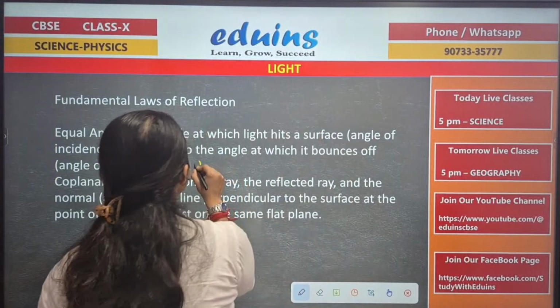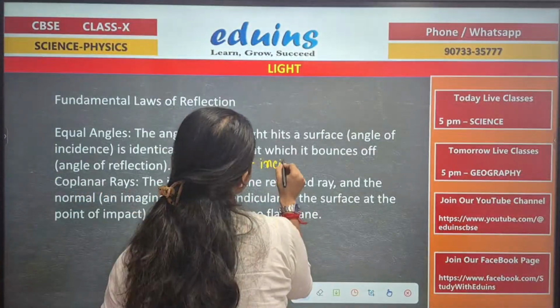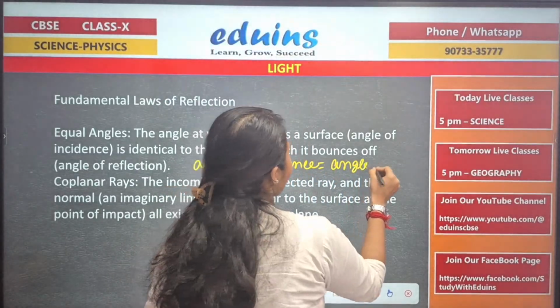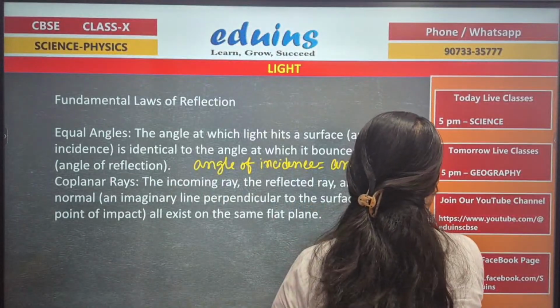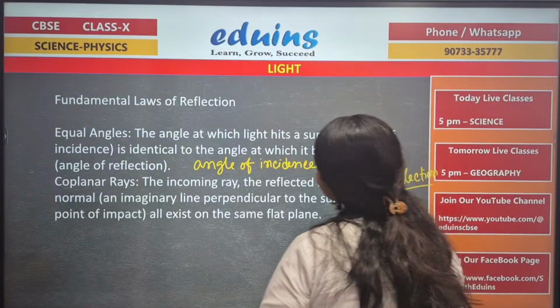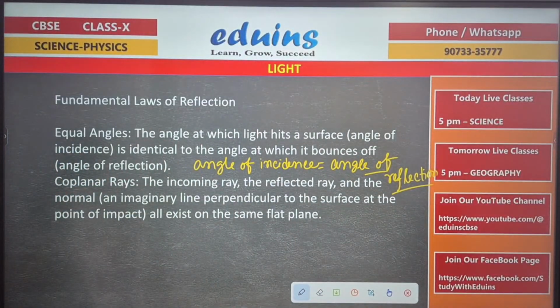So the angle of incidence is equal to the angle of reflection. This is the second law of reflection. These two are the fundamental laws which we have to remember.